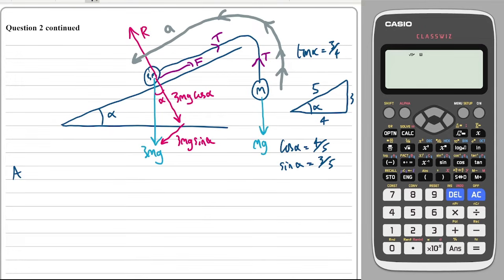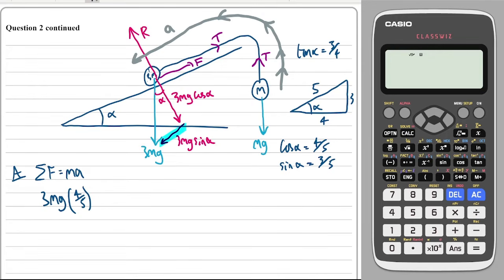And now we're going to do an equation of motion for A. So the sum of the forces equals mass times acceleration. What are the forces going in the direction of acceleration? There's only one, and it's this one. That's going parallel to the slope, and it's going down the slope. So it's 3m g sine alpha. And what did we say cos alpha was? We said it was 4/5.